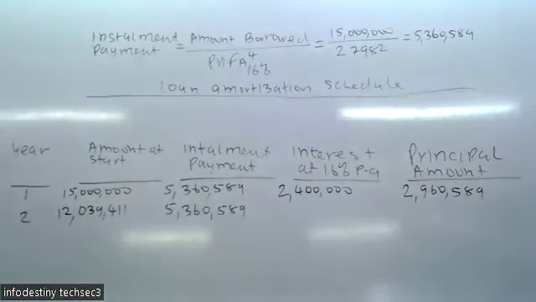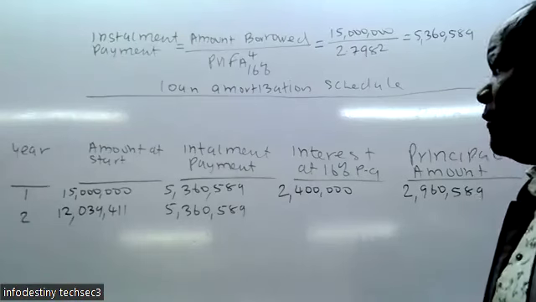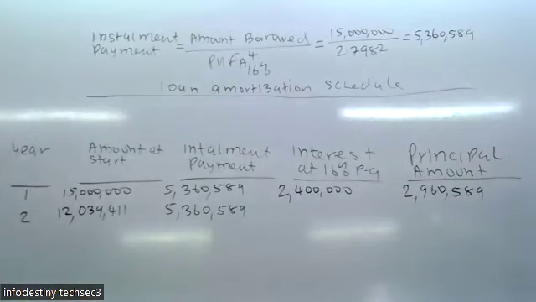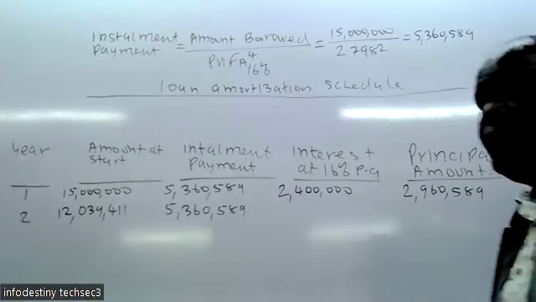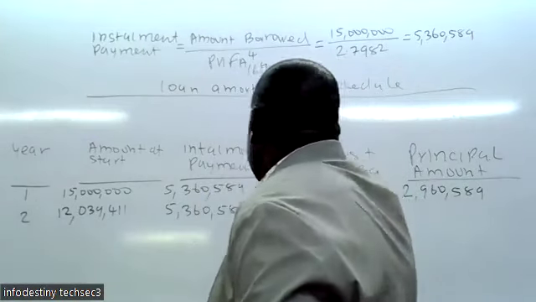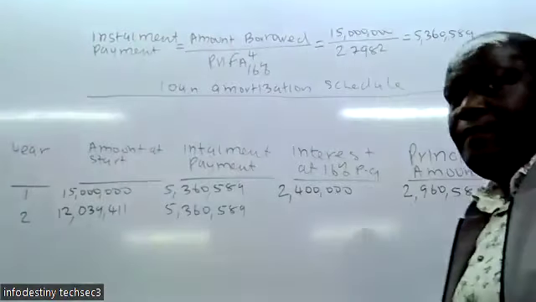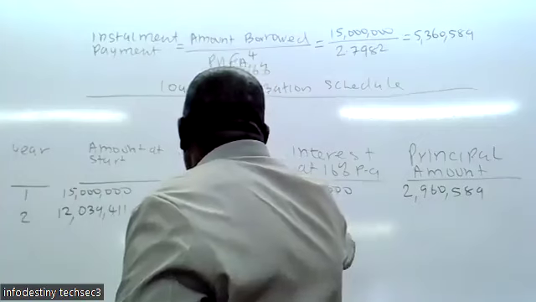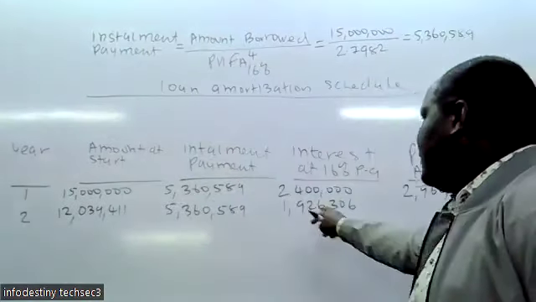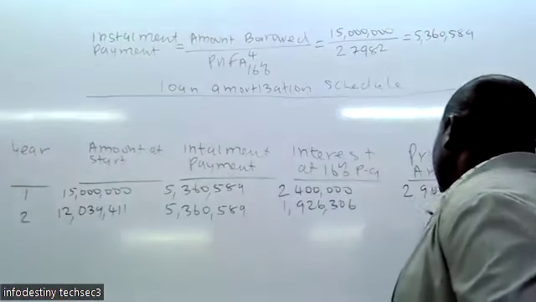Then get 16% of 12,039,411. So 16% of this amount comes to 1,926,306. Then again subtract this from the installment to get the principal amount.